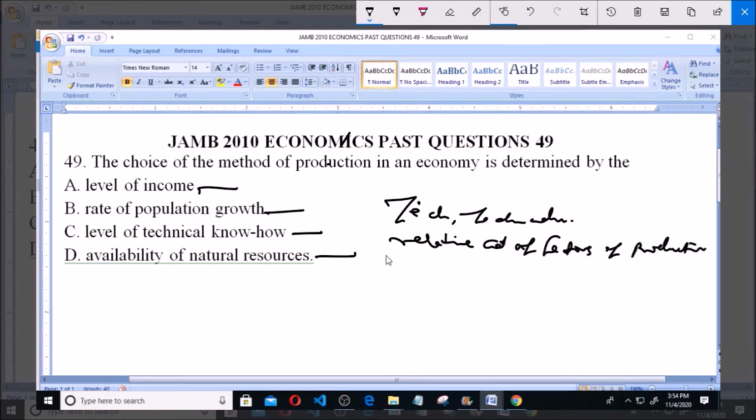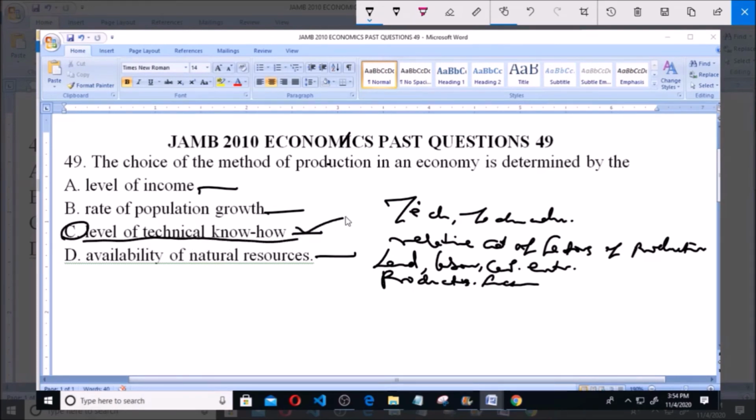Of course, you know the factors of production have to do with land, labor, capital, and entrepreneur. Production functions. So based on this, option C, level of technical know-how, is the correct answer.